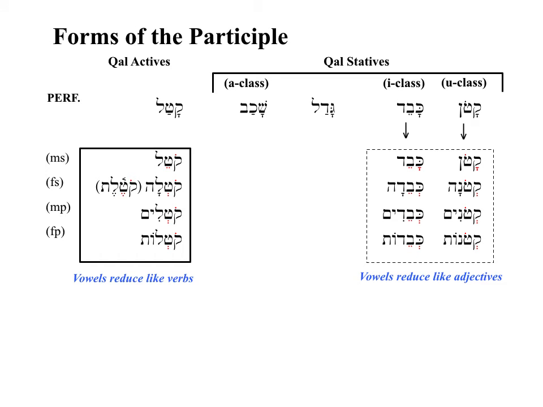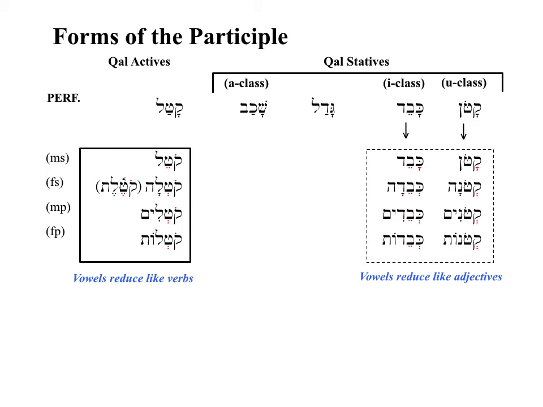Now notice the difference. The verbs on the left, the active verbs, reduce like verbs. It's the near open syllables that reduce. The stative verbs reduce like regular nouns and adjectives. The near open syllables lengthen and remain long. So there's a difference in the way that they form these, but they function exactly the same.